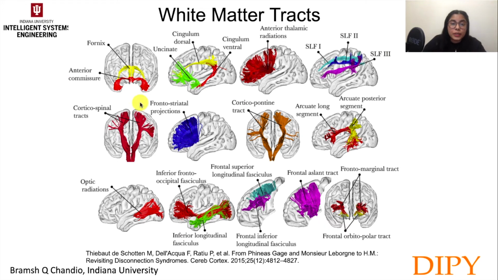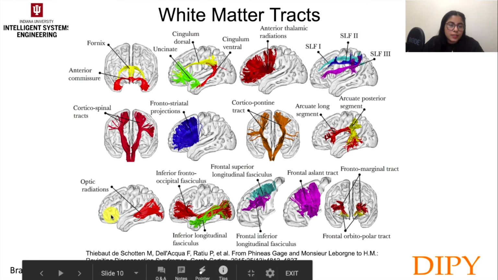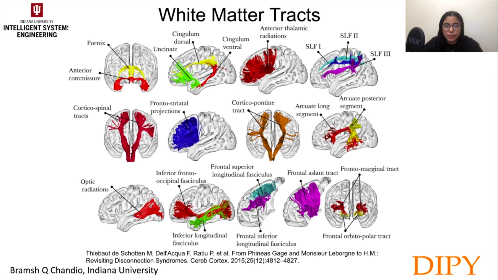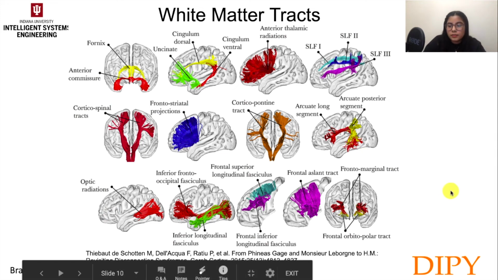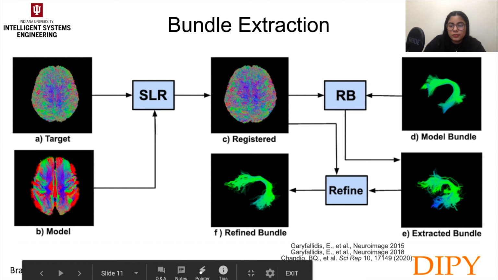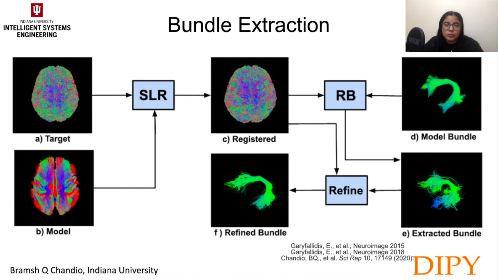For example, if we look at this figure, we can see the corticospinal tract, which is involved in movement, and then we see the optic radiation, which transmits the input from the retina of the eye to the visual cortex. So to solve this problem, one of the important things to do is to extract specific white matter tracts from the whole brain tractogram.